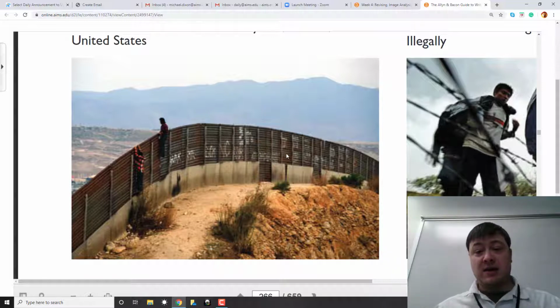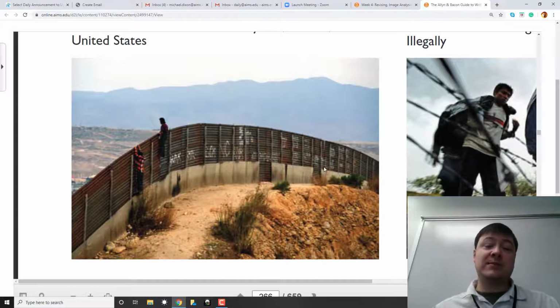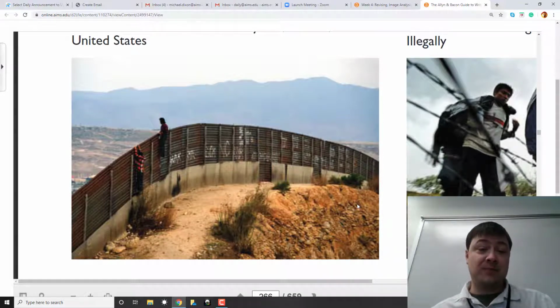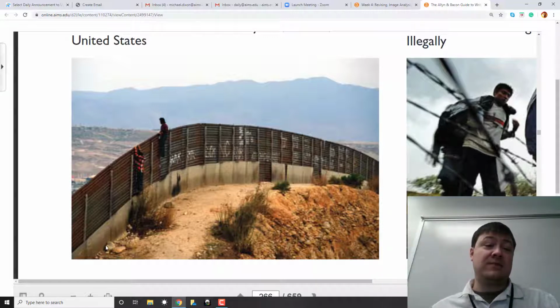Now, if we were to rhetorically analyze this, some of the different things we could talk about in this particular photo. We could talk about what the Mexican side looks like. It's this treacherous cliff, right, with dead plants, graffitied walls, right?